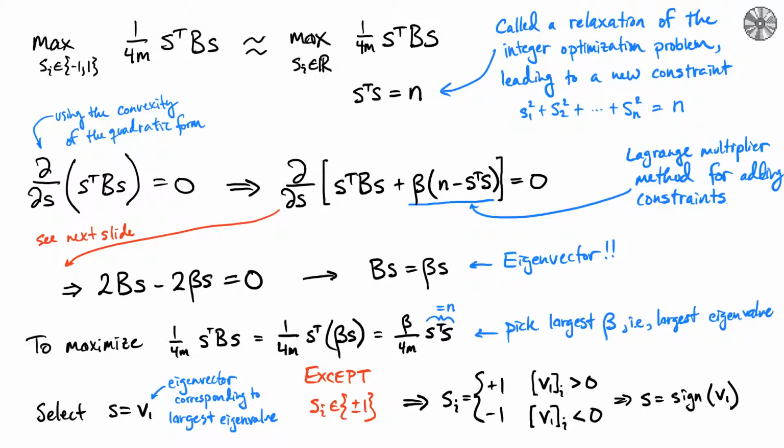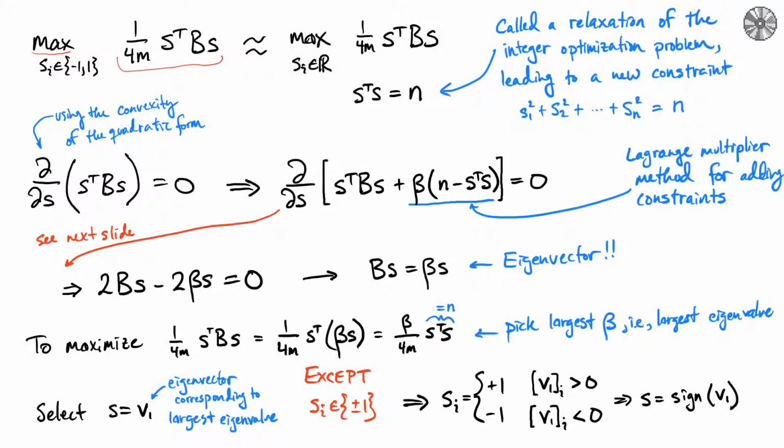Quadratic forms have nice properties, and so what we're going to want to do is maximize Q, and this is our definition of Q, when s_i is either -1 or +1. So this turns out to be a pretty tricky problem. This is actually what's called an integer optimization problem, and those are challenging.